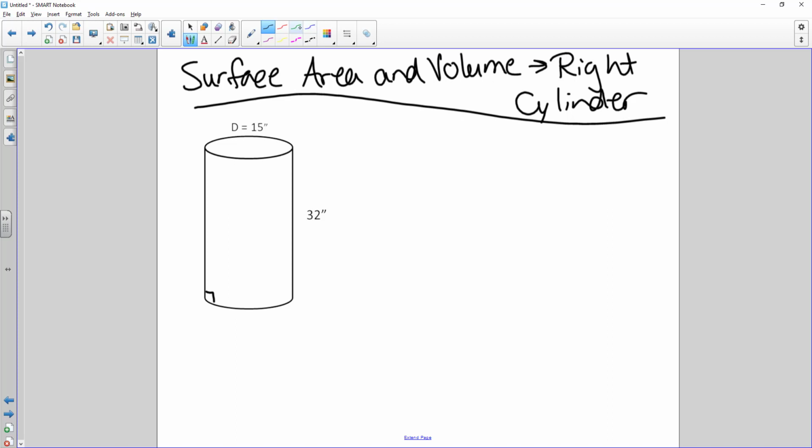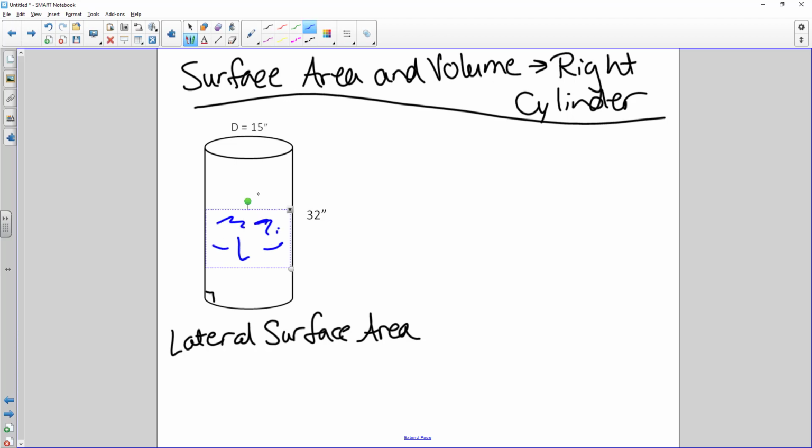Okay, so the different things we'll calculate: lateral surface area. We're talking about the area around the side. Sometimes it's even called the wrap. So put a little L right here, this around this way, filling in this area around. This would be the lateral surface area.